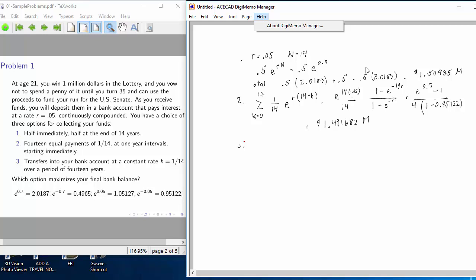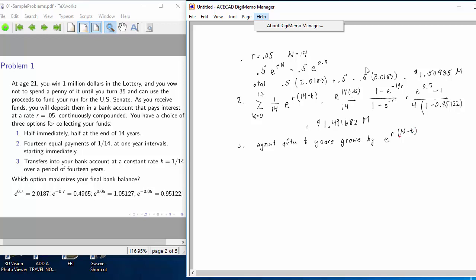So, if you have a payment after t years, the effect of interest is that it grows by a factor of e raised to the interest rate r times the amount of time that it has left to grow.